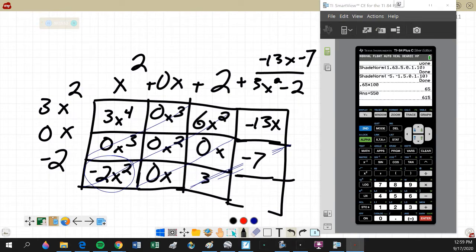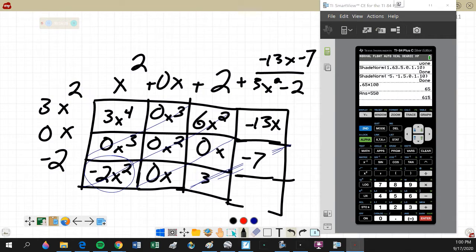That's weird. We've never had a two-part remainder before. But when you divide by an x squared, your remainder can be an x plus something equation. If you divide by x to the third, your remainder could be quadratic. Your remainder could be x squared minus 6 plus 2. So just like in division with whole numbers, your remainder is smaller than your divisor, right? If you divide by 6, what's the biggest remainder you can get?